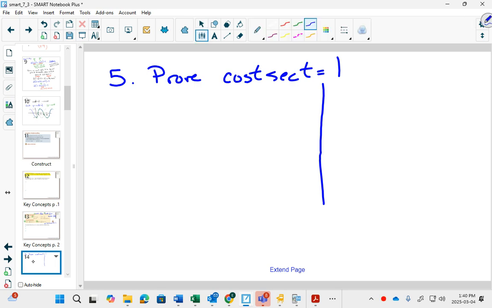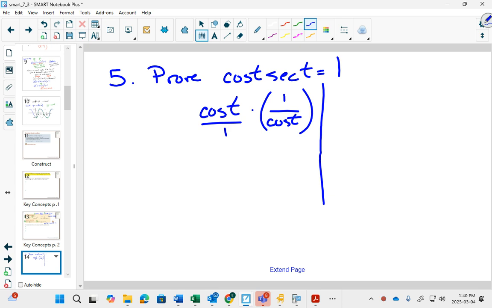I would keep my cos t the same, but instead of secant t, I could rewrite that as 1 over cos t. And I get into fraction work. Technically, this is a fraction times a fraction.